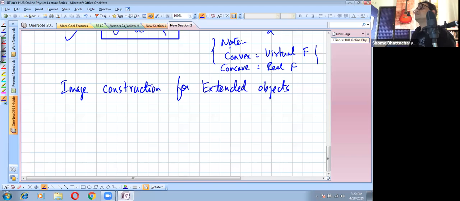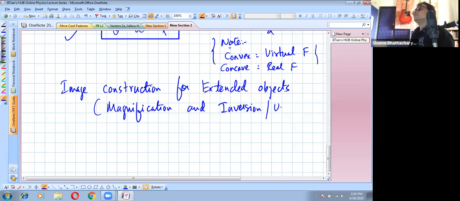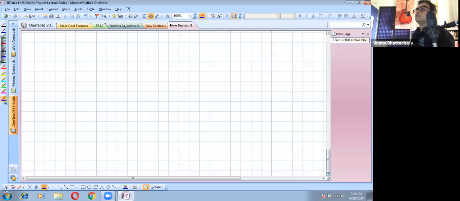And with this, we also bring the concept of magnification, and inversion or upright. Okay, whether the image is inverted or it is upright, we understand that concept also. So let us start by taking an example of a concave mirror.